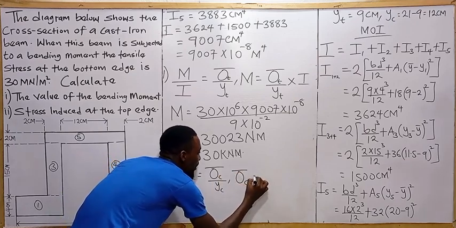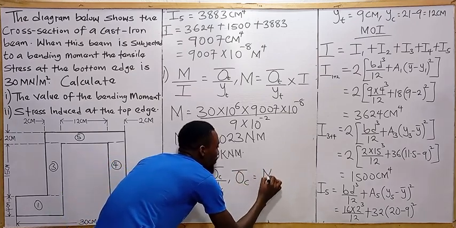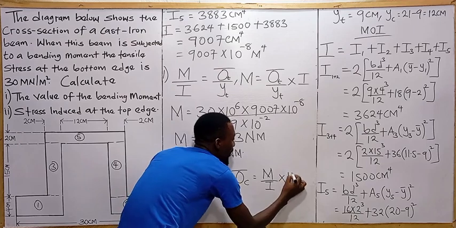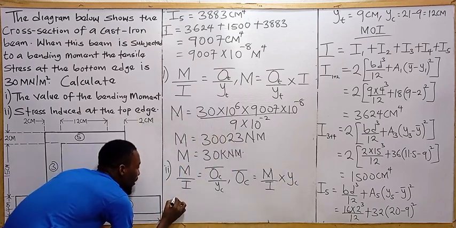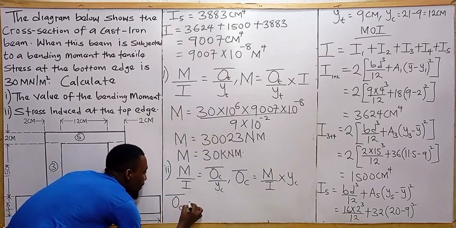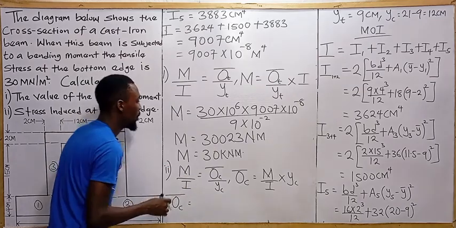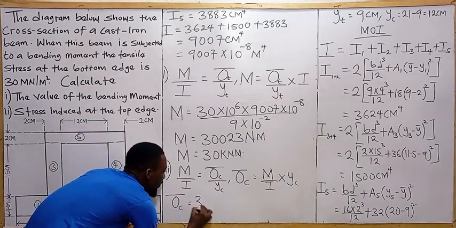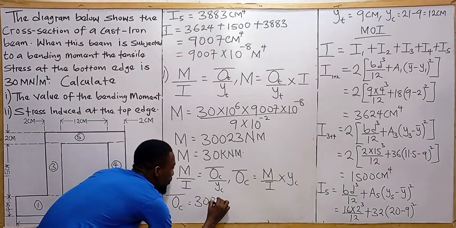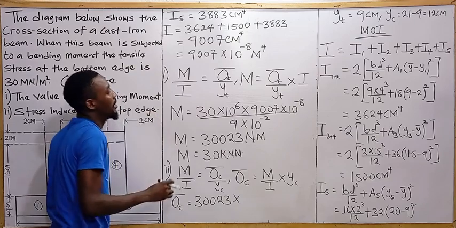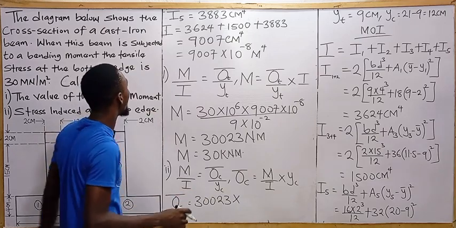To make it the subject, I'm going to have M over I, then multiply by y compressive. So if we substitute now, we are going to have this to be equal to our maximum bending moment, which is 30,023, then multiplied by y compressive.